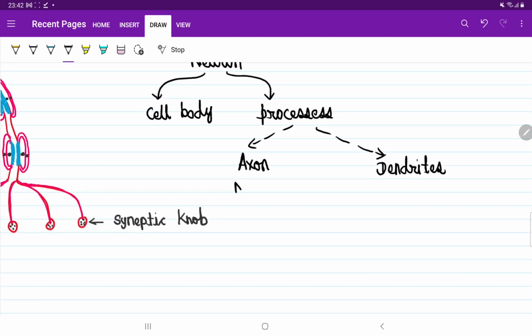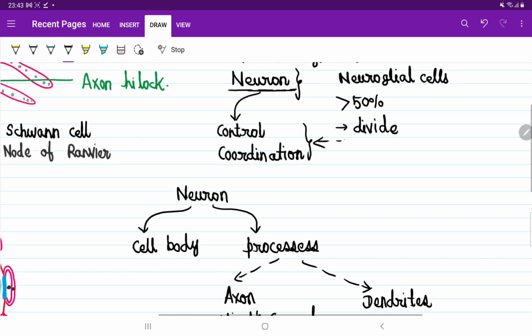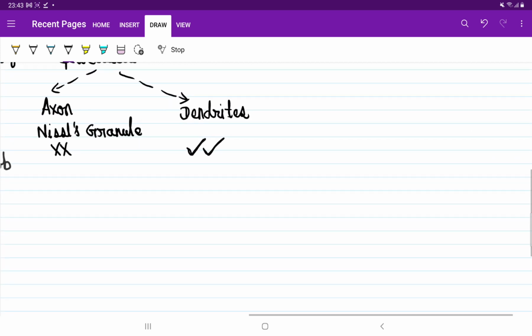In the axon, Nissl's granule is absent, and here in the dendrites, Nissl's granule is present. These dendrites are branched. But what about the axon?